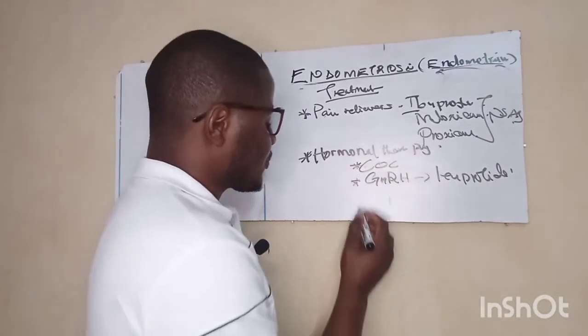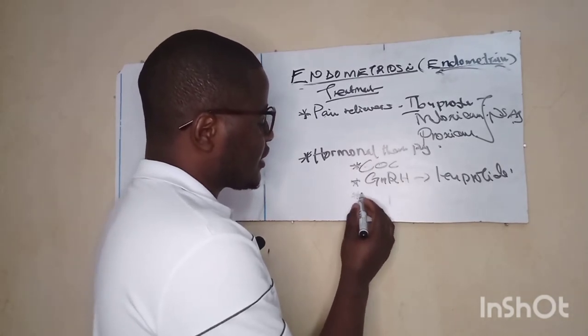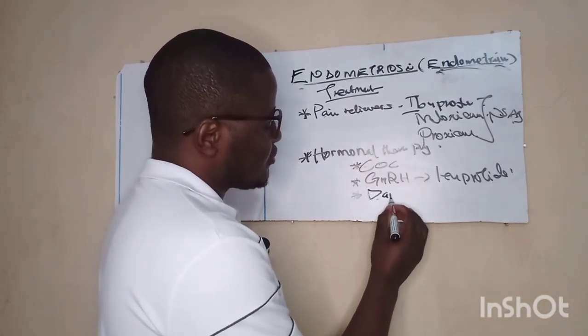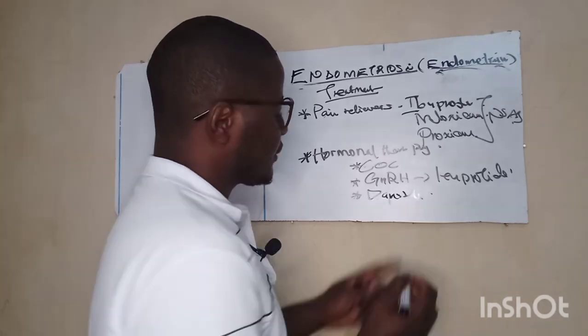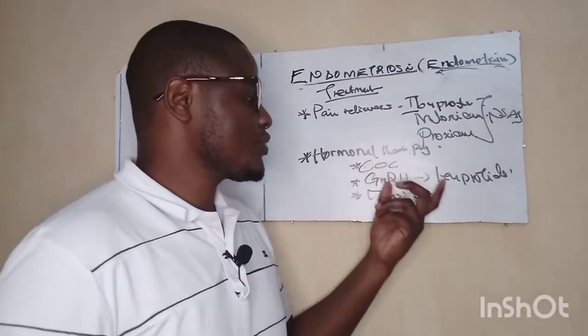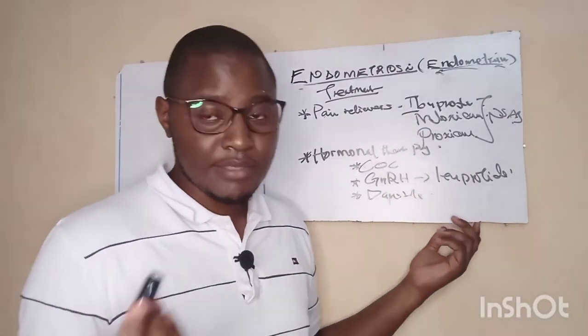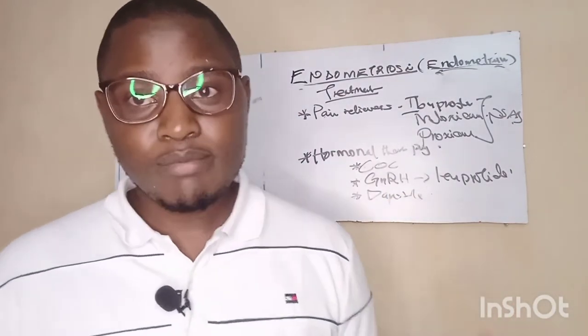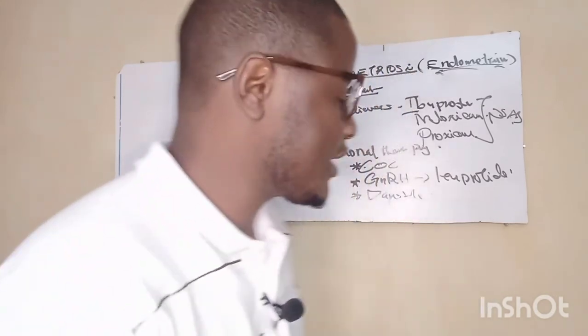We can also decide to give you another drug. It's this one hormone that we refer to as danazol. We can also give this kind of a drug, but in most cases we just manage it with hormones, depending on your presentation and depending on the complaints that are there.